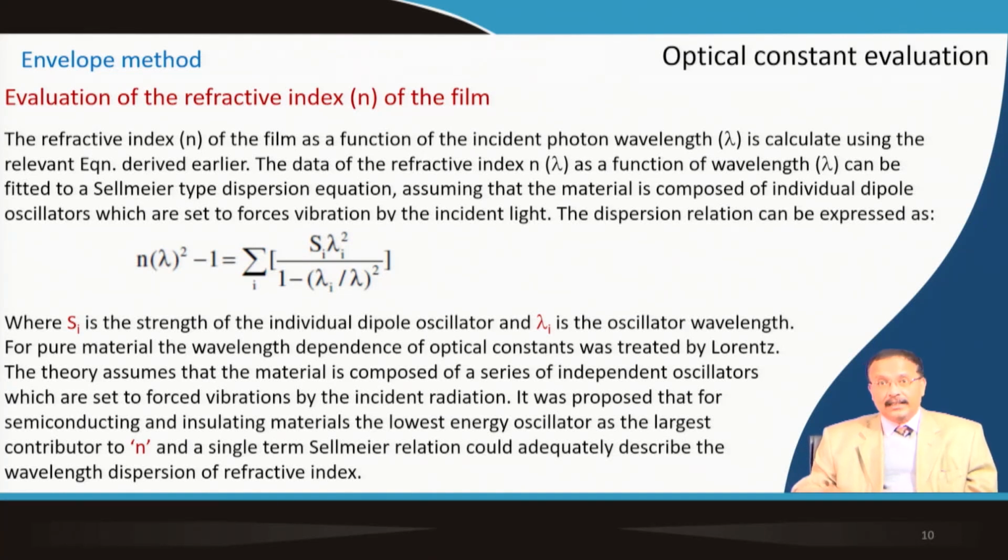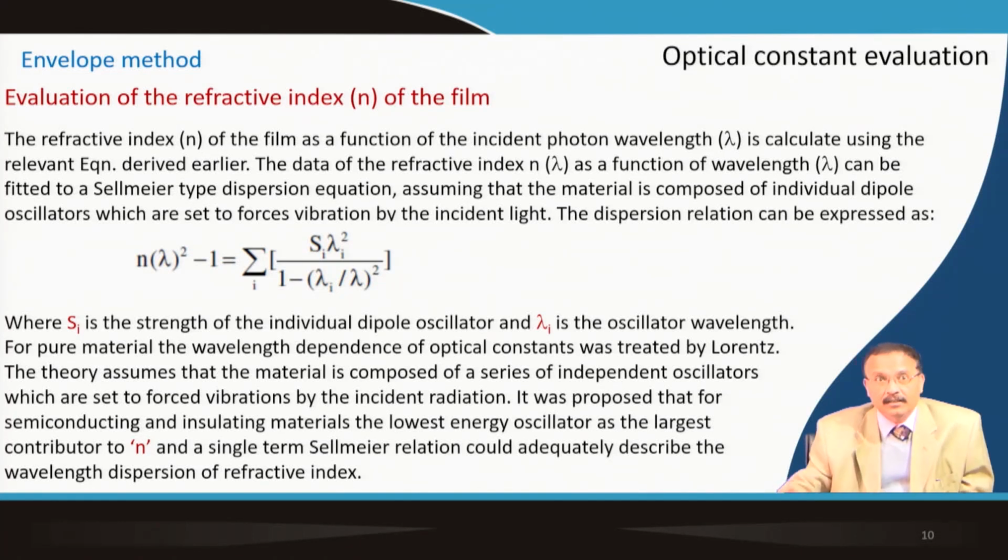So, this data can be fitted to a dispersion relation, which is basically worked out by Sellmeier, and he assumed that the material is composed of individual dipoles, because it is basically a dielectric material that we are considering, and which can oscillate. So, when the light waves come, you know that this is an electromagnetic wave, so this oscillator is set into forced vibration.